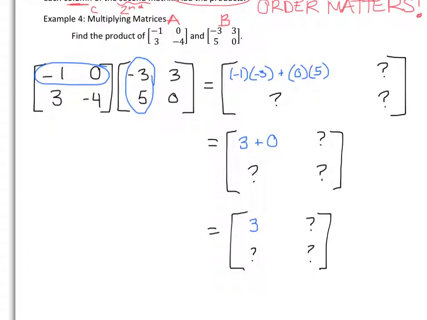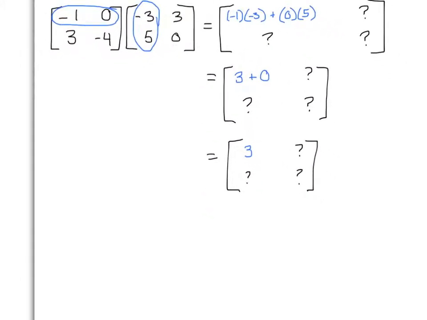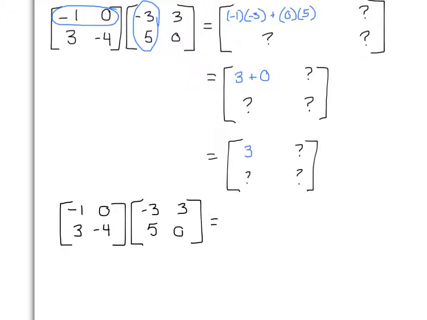We still have the other three here, so I've got to keep going. I'm going to rewrite it out here so we can see it and not get confused. Write down the original problem. So far I know this 3.